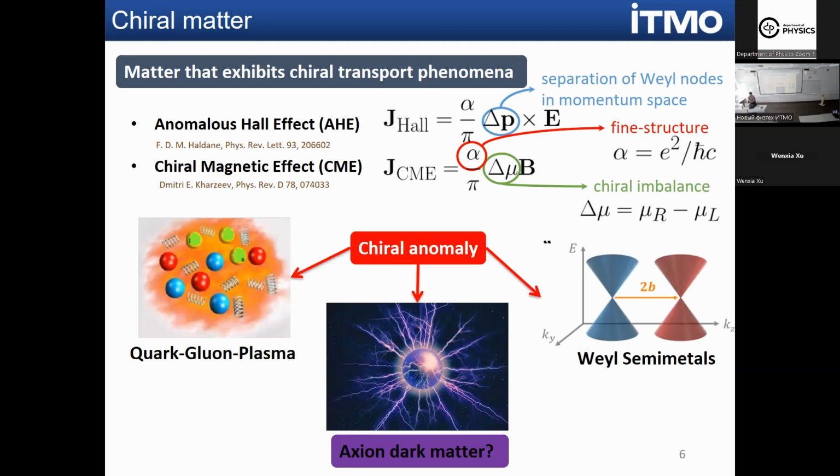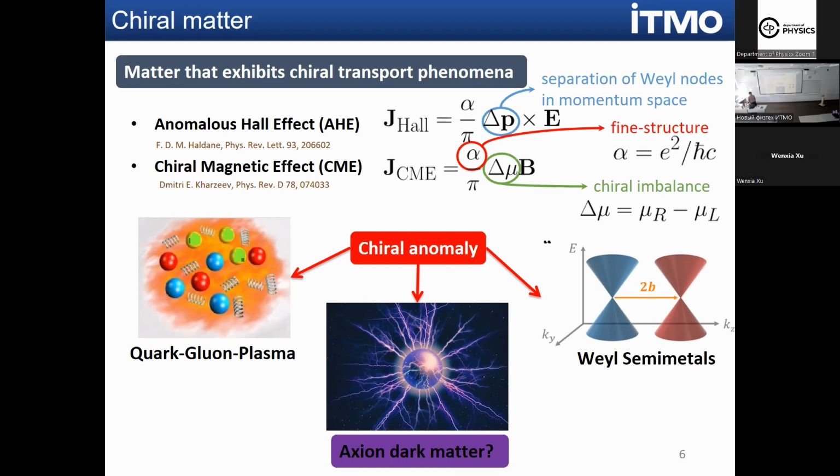In the case of photonic spin Hall, as far as I understand, people are talking about helical edge states. So you have a pair of edge states with different spins, different polarization, propagating in different directions. But it seems like, at least from this slide, that it also falls into the category of chiral matter. I haven't thought about this for photons.